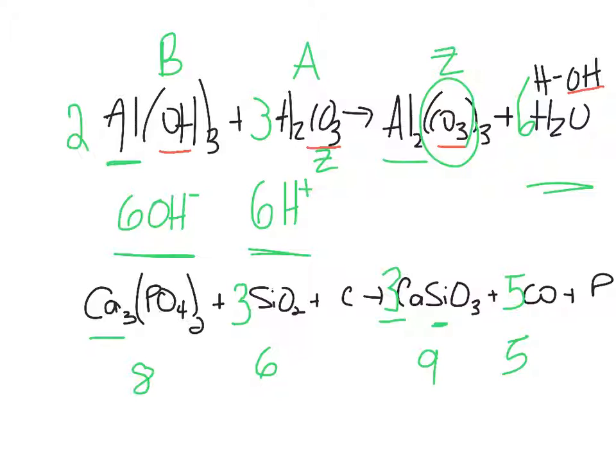Now I'm going to balance carbon. So I have to put a 5 here. And now I've got one last element to balance. Phosphorus, and how many do I need? 2. Basically just cut mine in half.